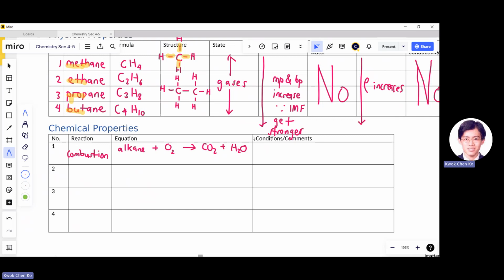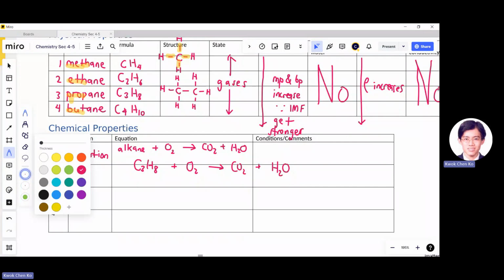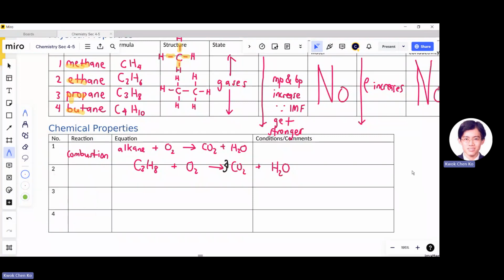Okay, guys, balance the equation. Three CO2. Okay, good. What's next? Four. Okay. O2?